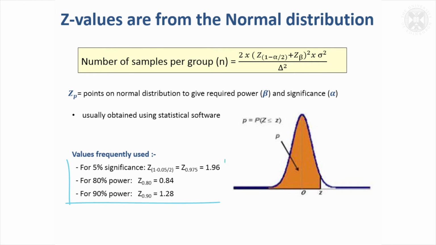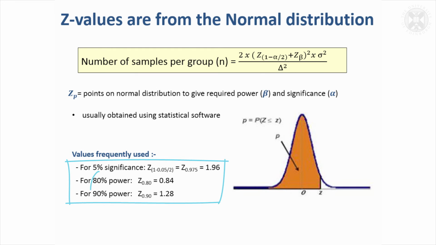These values are calculated by statistical software, so you don't need to think about using tables as people did in the past. And in fact, you don't need to think that much about it at all, because typically you're dealing with 5% significance, and it's well known that the Z value relating to that is 1.96. That's the value that gets used for 95% confidence intervals as well.